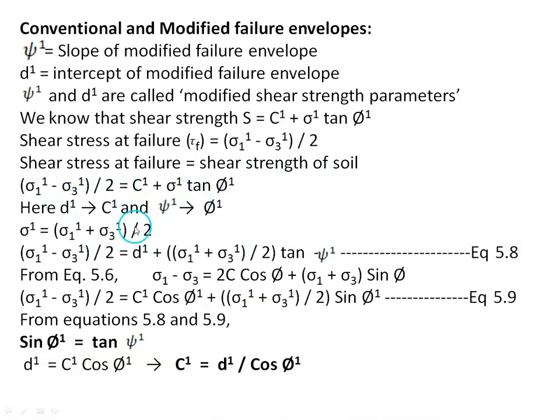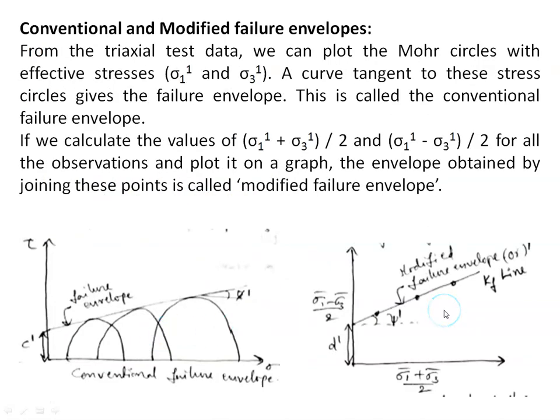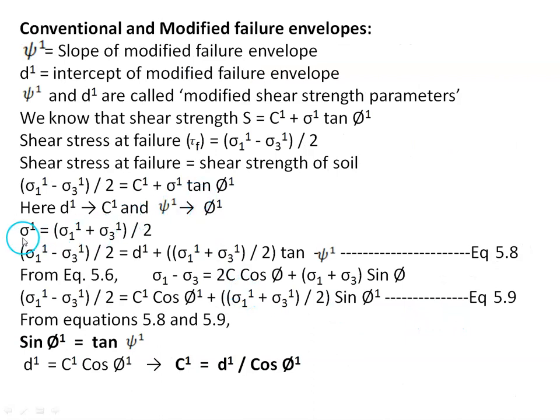If we observe these two plots, here d dash represents c dash and alpha dash represents phi dash. And we know that effective normal stress equals sigma 1 dash plus sigma 3 dash by 2.